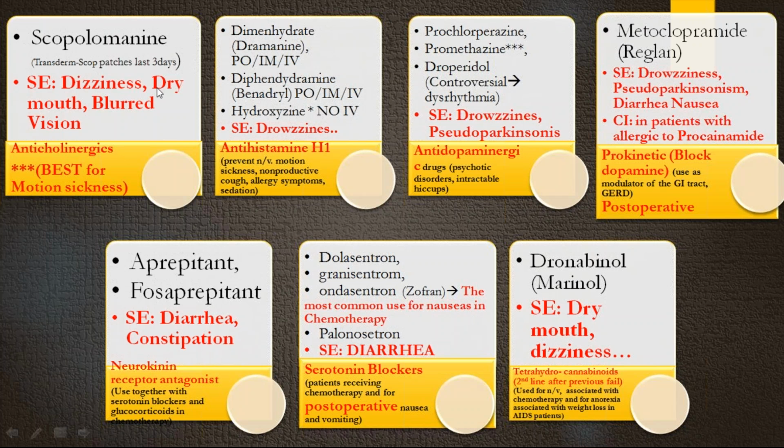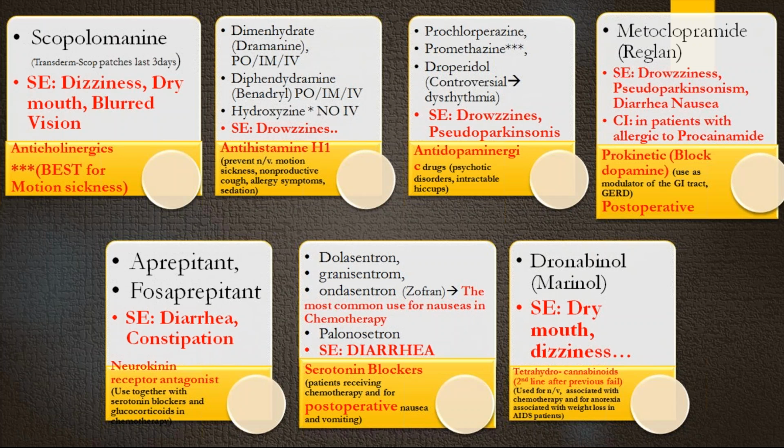That is going to be used for motion sickness, so nausea and vomiting too. So here we have the antihistaminic, the diphenhydramine, and that is going to be used to prevent motion sickness. So if you have motion sickness, the best is the scopolamine. Second is going to be the antihistaminic.